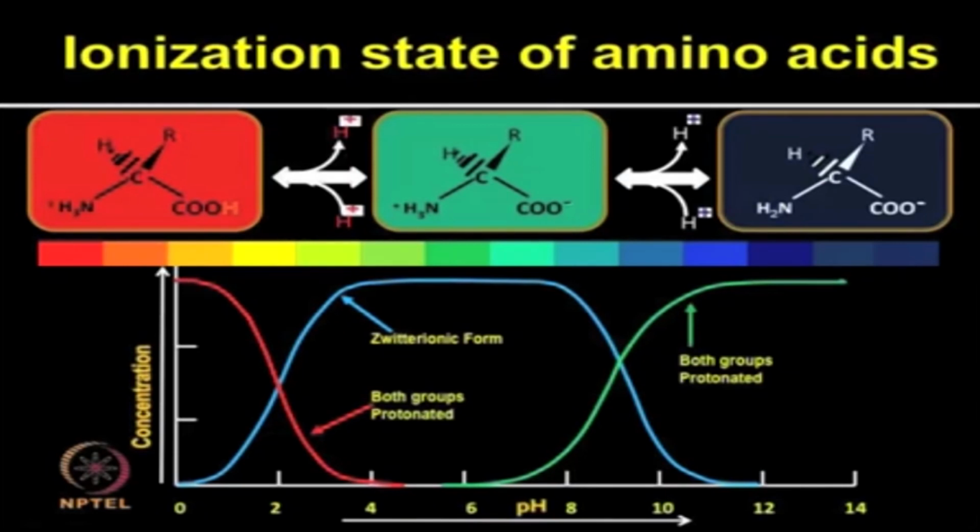At neutral pH, the amino acid exists as a dipolar ion or Zwitter ion. The amino group is protonated NH3 plus and the carboxylic group is deprotonated COO minus. This dipolar form can exist till pH 9. When you move to the basic pH, the protonated amino group loses its proton and forms NH2.